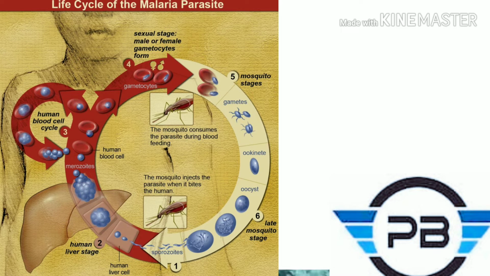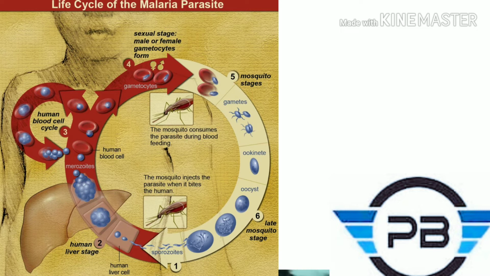Now we will see how humans and mosquito act as hosts for Plasmodium. So this is how the life cycle of Plasmodium continues. Let us suppose a mosquito bites an infected person, a person who is already infected with malaria. Now when it bites an infected person, what happens?